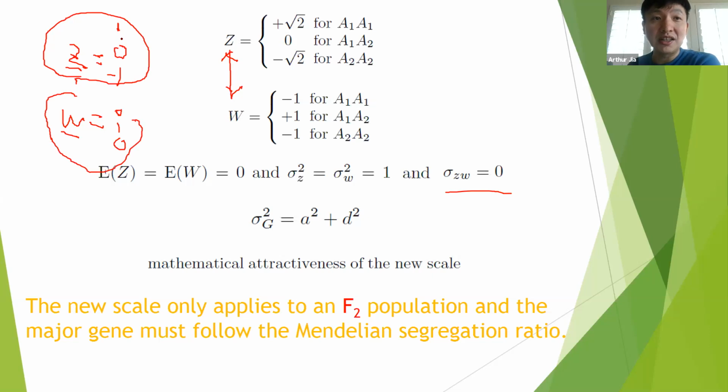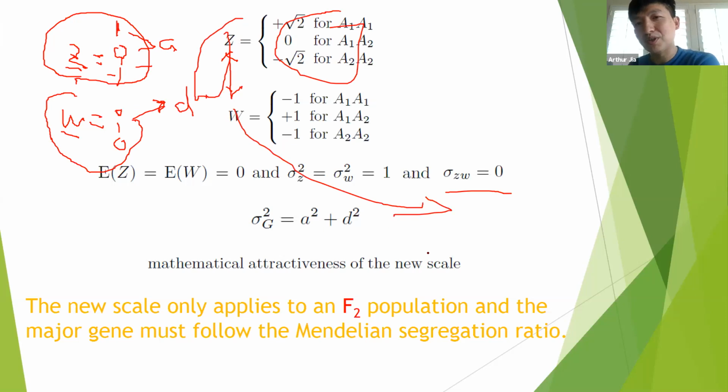The first shows the relationship between the additive effects, and this shows the relationship between the dominant effect. Using this way, you can also show the covariance between them is 0. That makes sense because the additive and the dominance are independent.